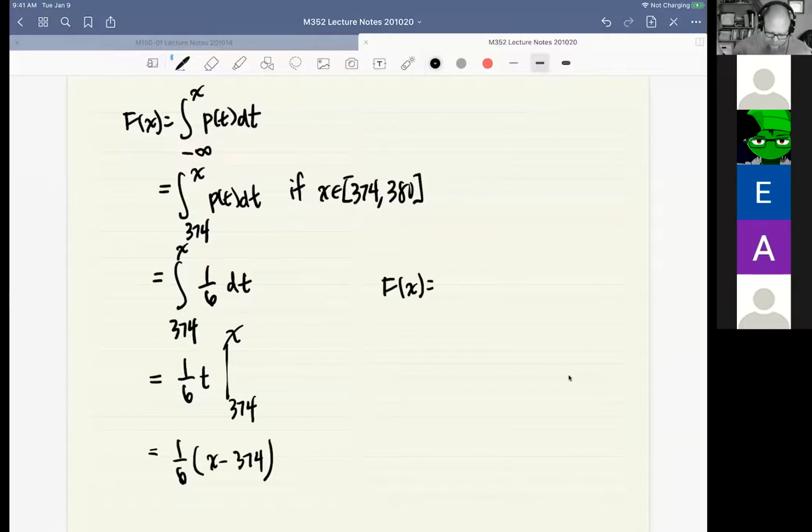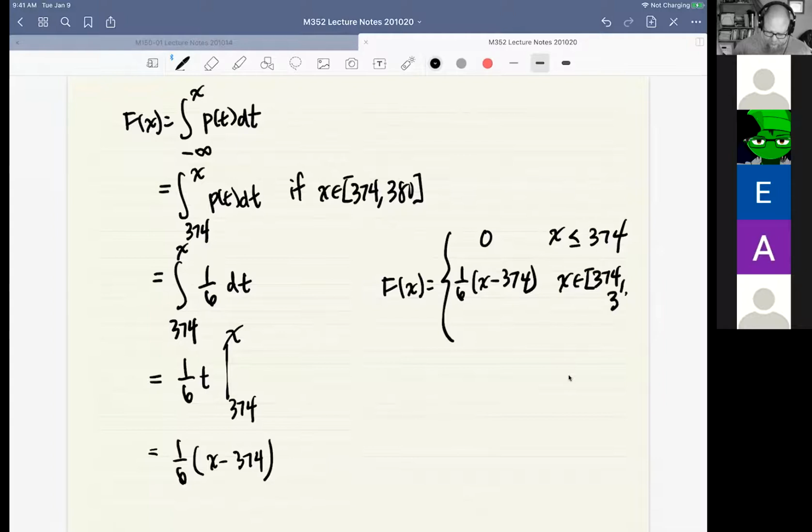And if I want to be more careful, I can say this. The cumulative distribution function is 0 if x is less than or equal to 374. It's 1/6 times x minus 374 if x is in the interval from 374 to 380. And then it's 1 if x is bigger than or equal to 380.